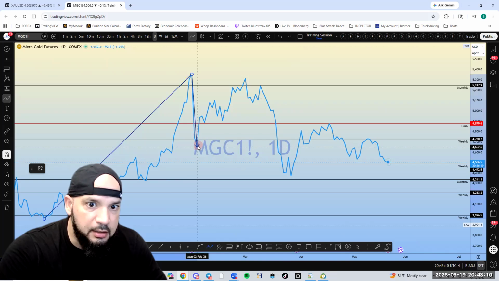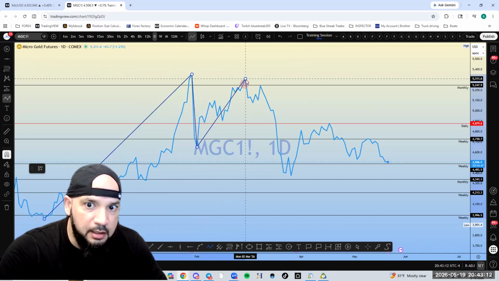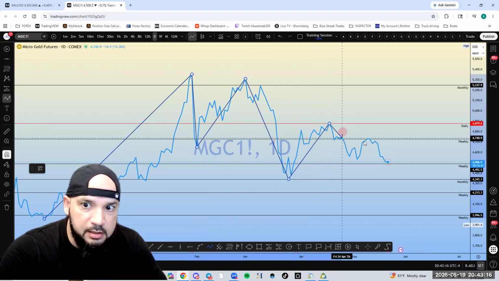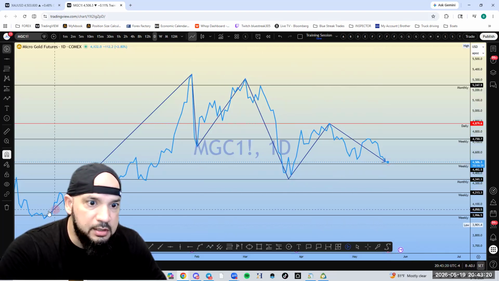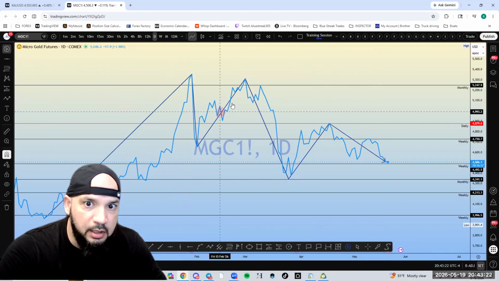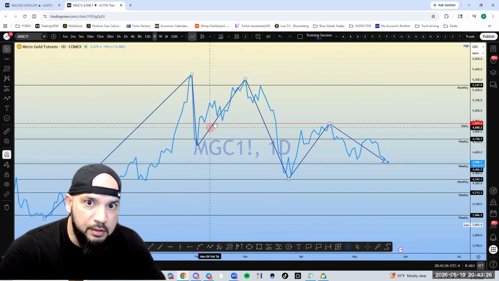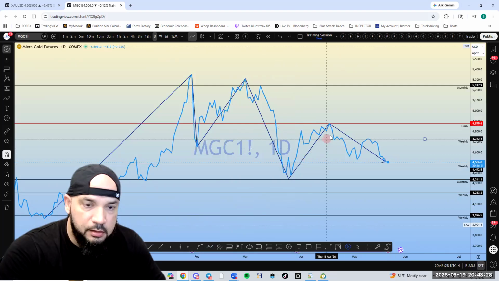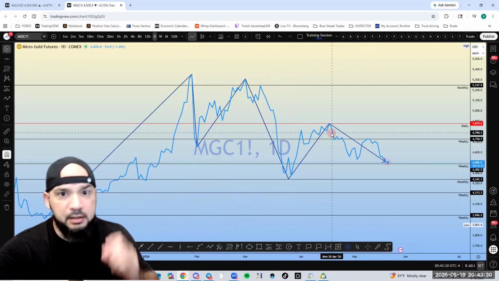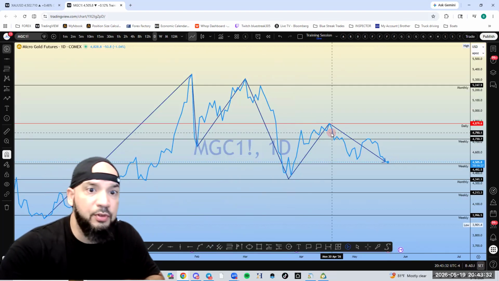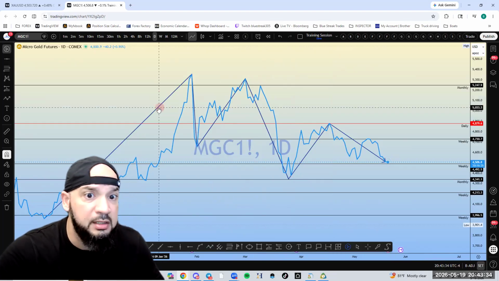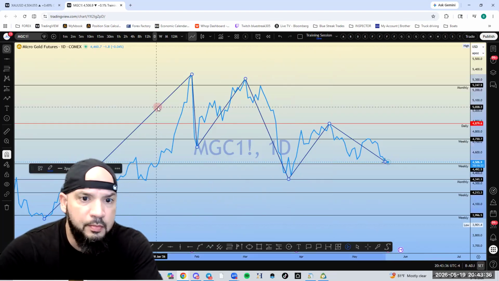This is a leg. This is a leg. This is a leg. This is a leg. And so is this. Look at all of the noise that's in between the legs. But in reality, all we have is this. When you train your eye to look at the chart like that, it simplifies it for your mind and you can make decisions faster.